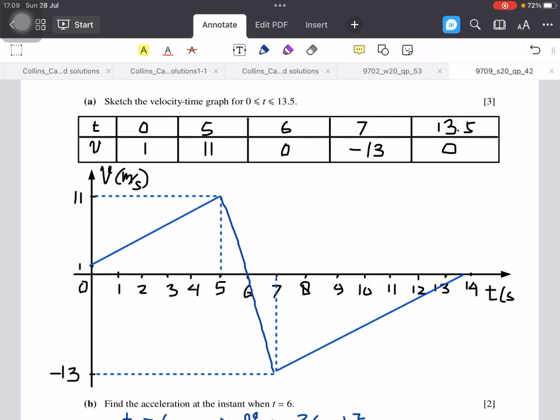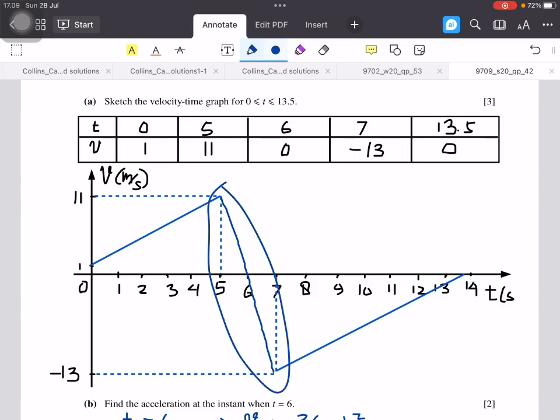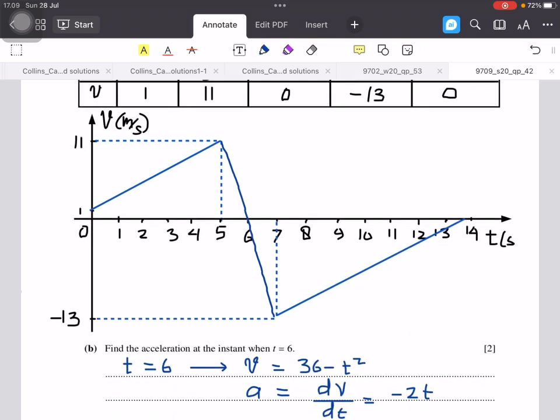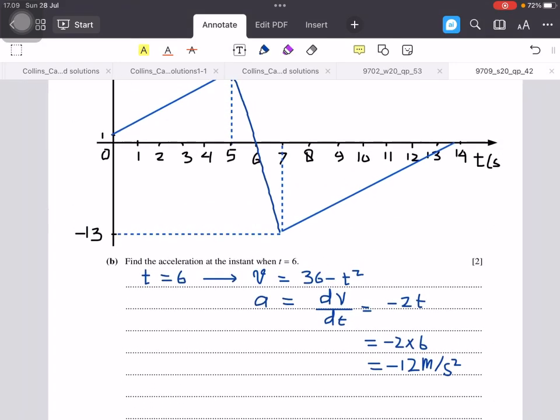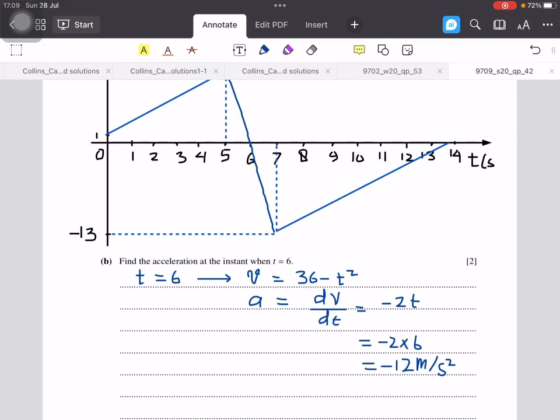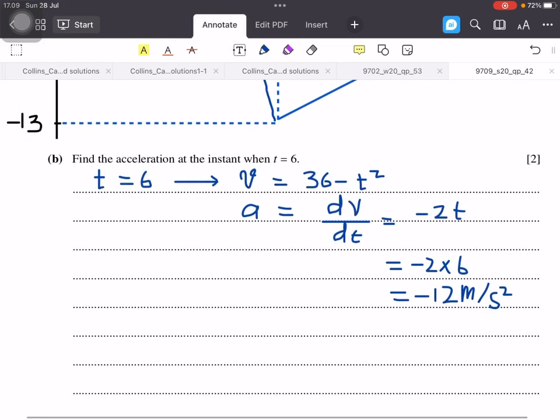Be careful, the second part of the graph is not linear, it's actually a curve. Yeah, it's almost straight, but it's actually a curve. And then for part B, find the acceleration at the instant when t equals 6.